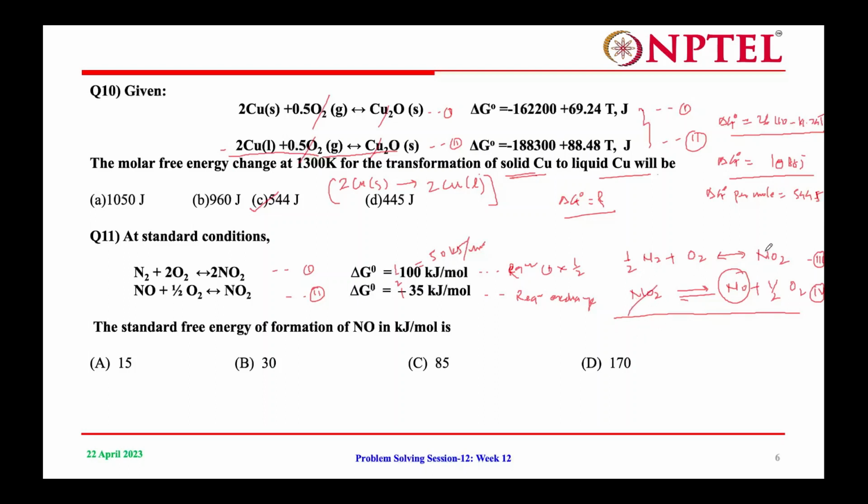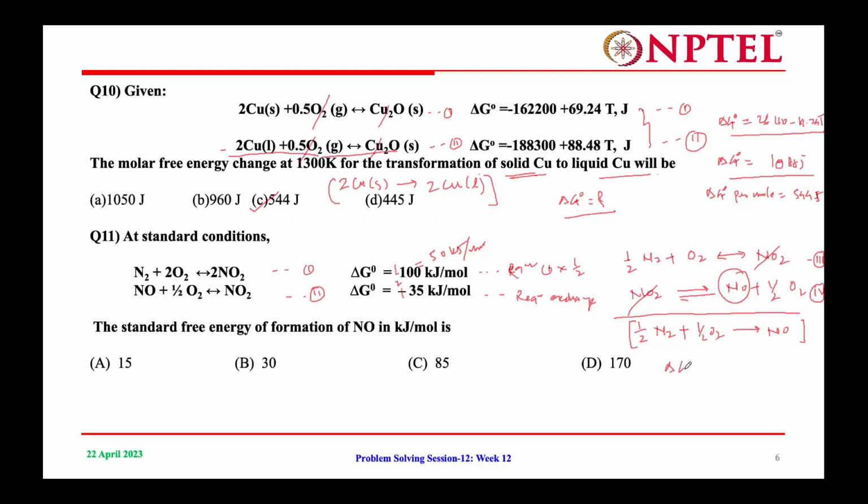So you get cancellation, leaving 1 by 2 N2 plus half O2 gives NO, right? So add delta G for reaction 3 and 4.